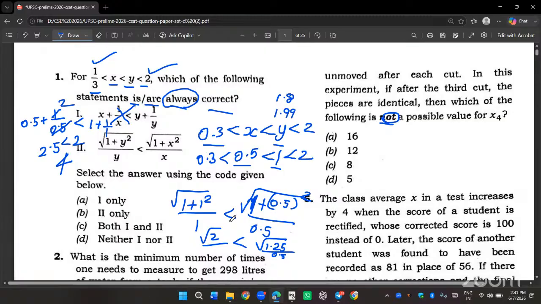At the same time, it will be difficult to solve the square root of 1.25 without a calculator. So only this method will give you trouble. Or otherwise take x as a round value.